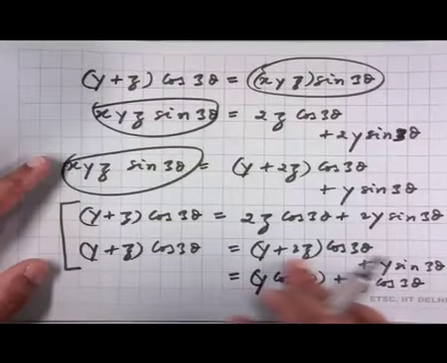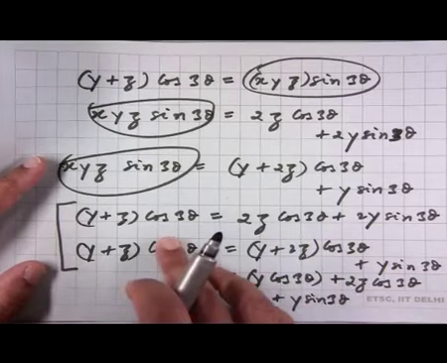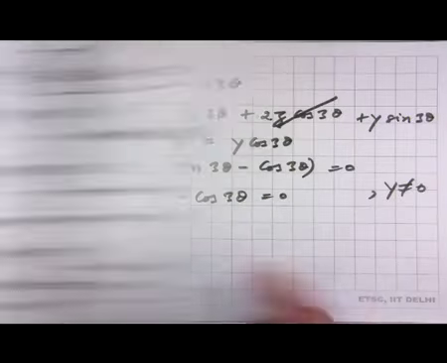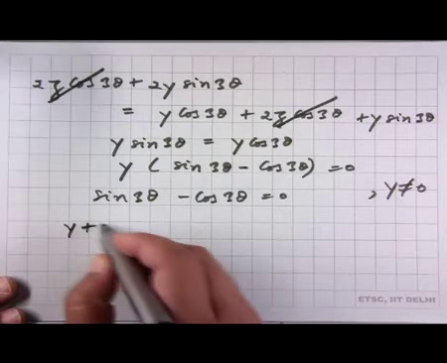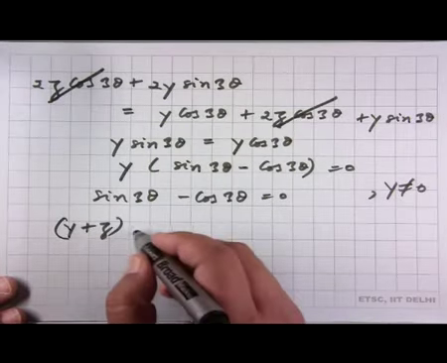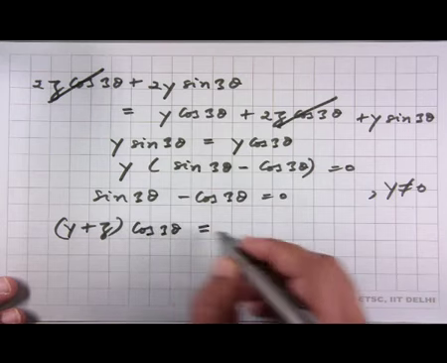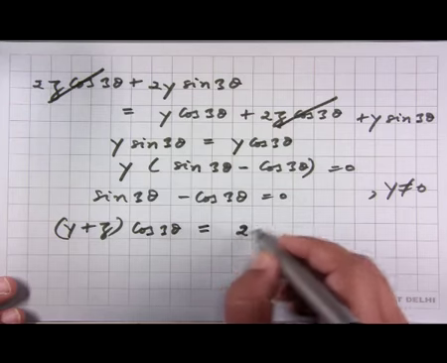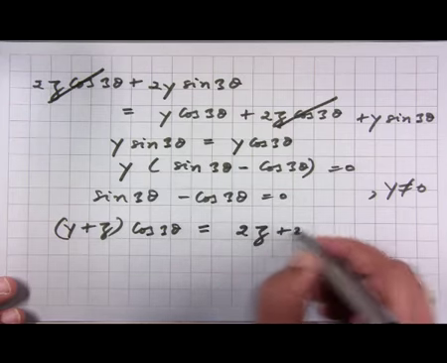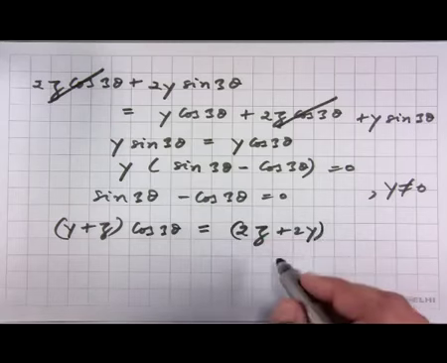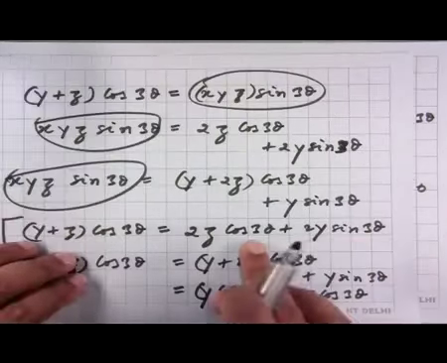So, now if we go back and use this fact in the first equation here, what we get is that y plus z into cos 3 theta equals 2z plus 2y, because sin 3 theta and cos 3 theta are the same.